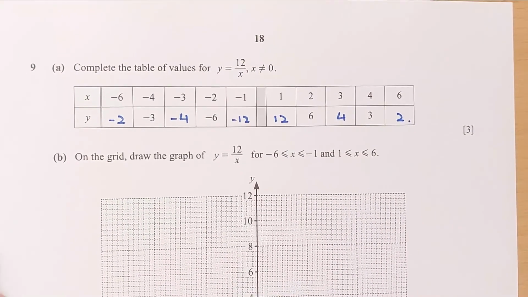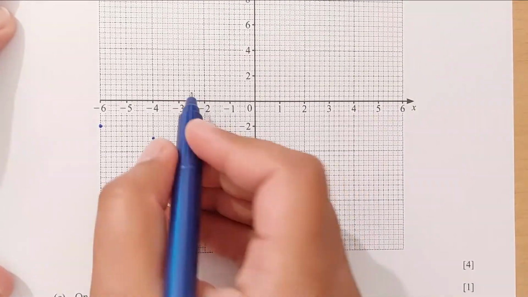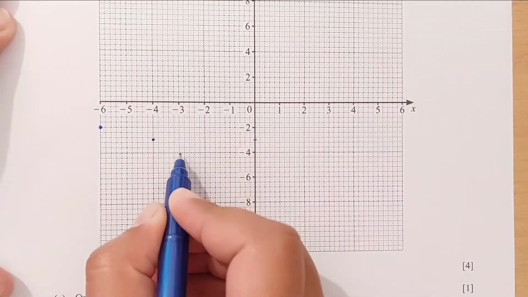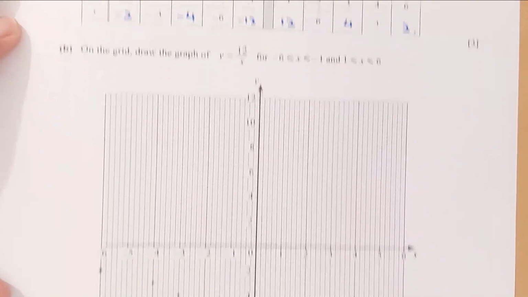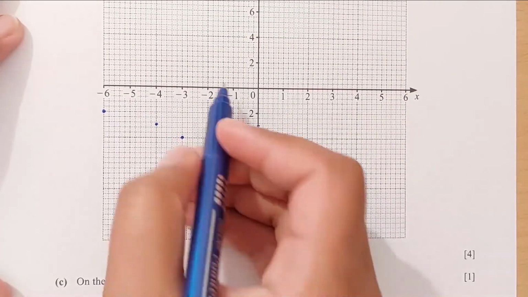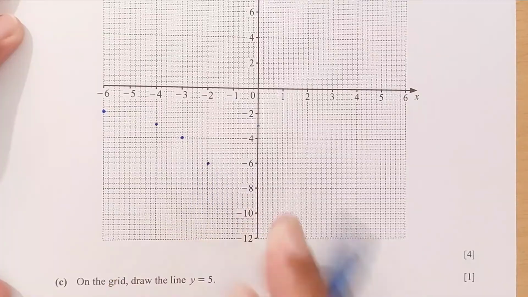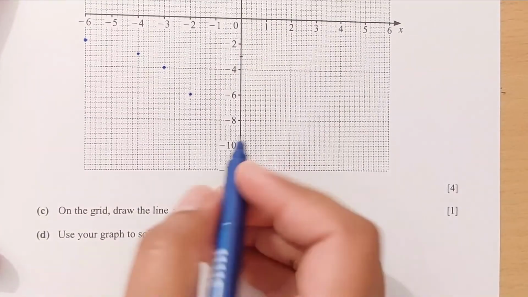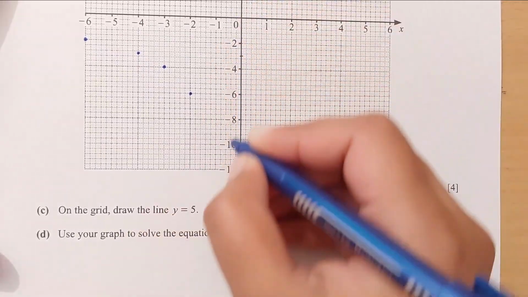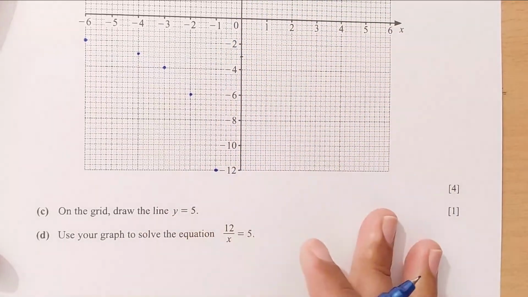Okay, the next is when x is minus 3, y is minus 4. Minus 3 and minus 4. That is easy, right? Minus 2 and minus 6. Minus 1 and minus 12, this point, right?